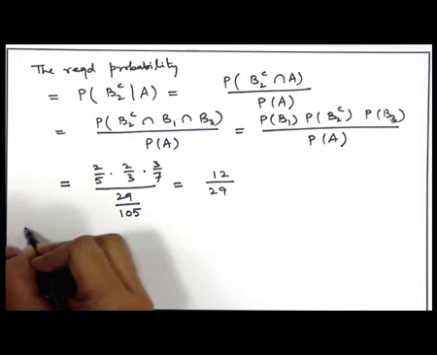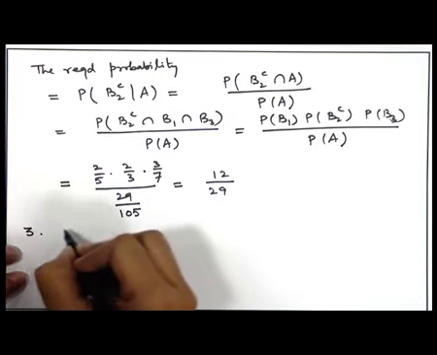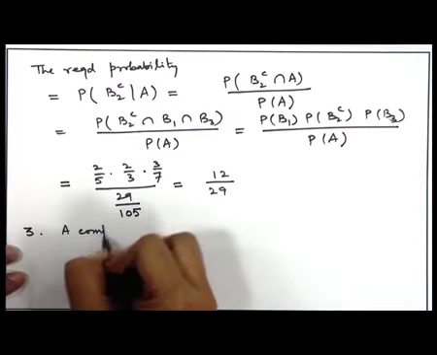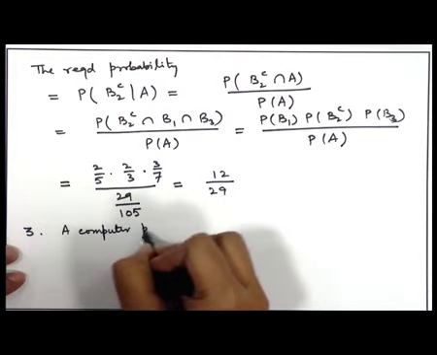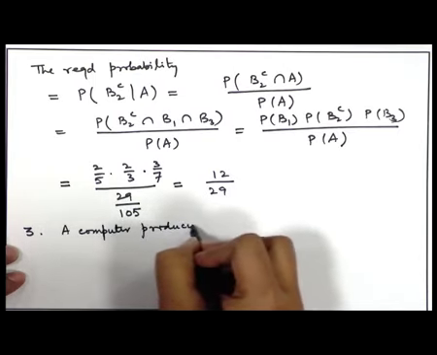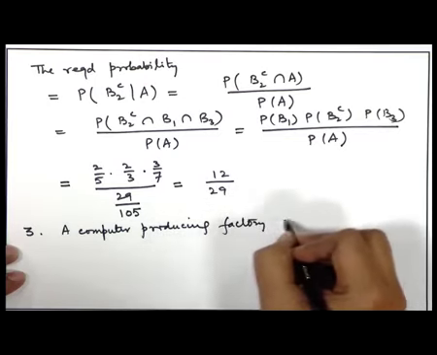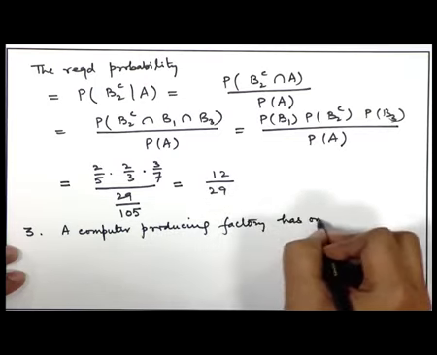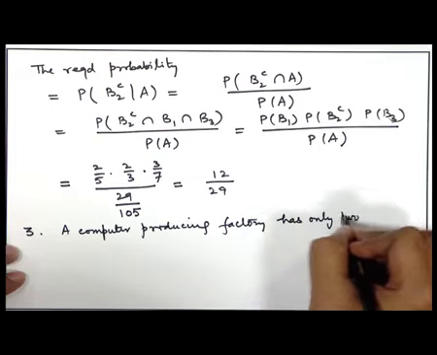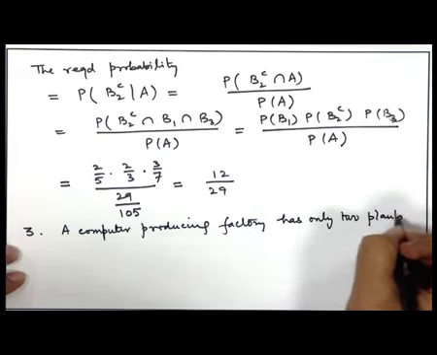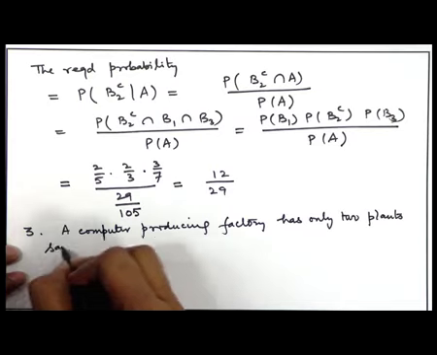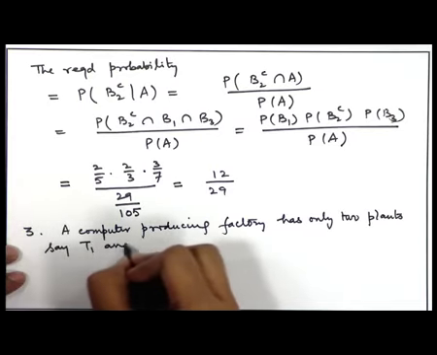Let me give another example of conditional probability. A computer producing factory has only two plants, say T1 and T2.